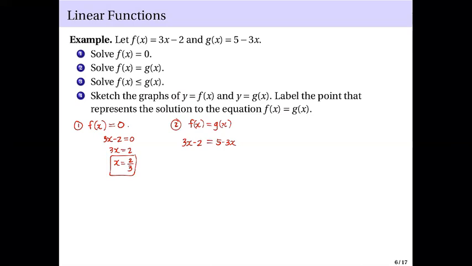So we can move this 3x from the right-hand side to the left-hand side, and this 2 from the left-hand side to the right-hand side. So we will have 3x plus 3x equal to 5 plus 2, or 6x equals 7. And therefore, x equals 7 over 6.